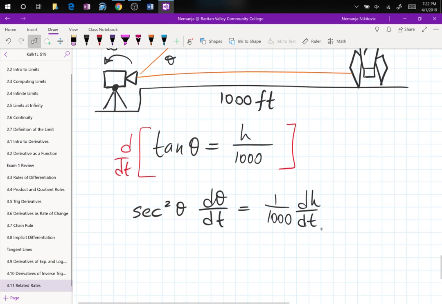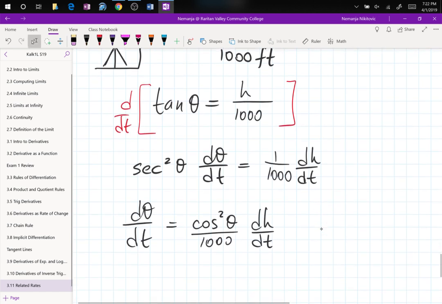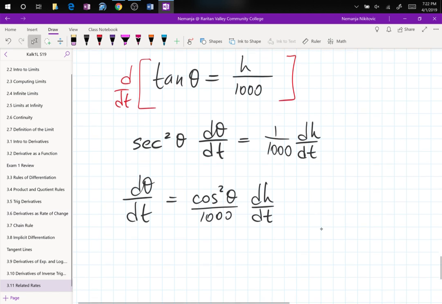So now we are going to move secant squared to the other side because we need d theta dt alone. Secant squared on the left becomes cosine squared theta on the right, over 1000, dh dt. We all cool with 1 over secant squared is cosine squared? Nice. Now, the only thing I need is the cosine theta from my triangle, because I am not putting in theta as a raw input.